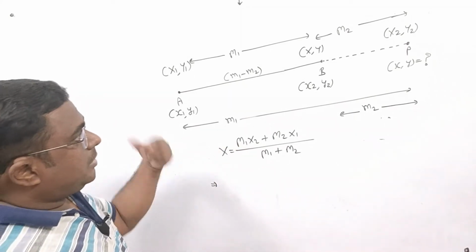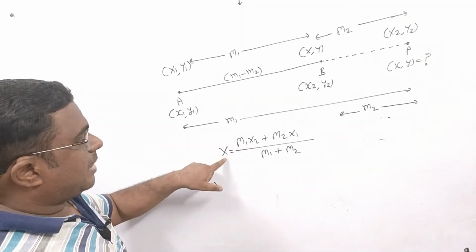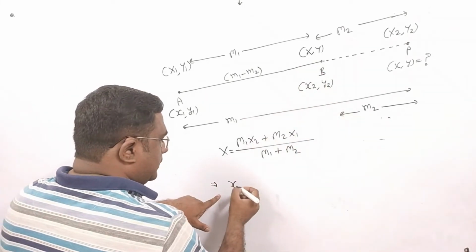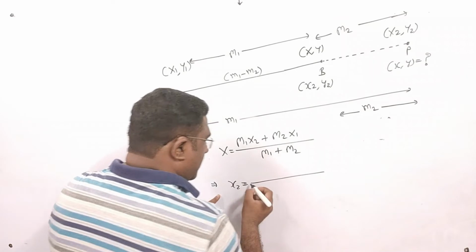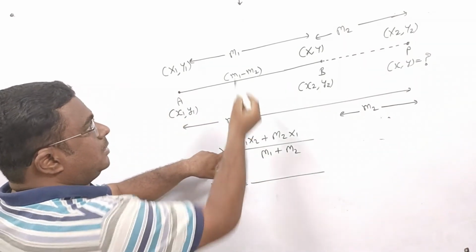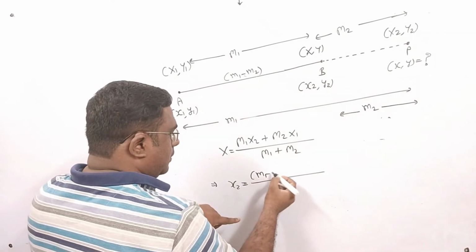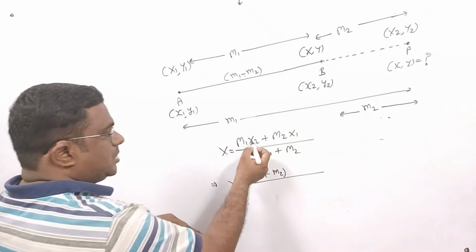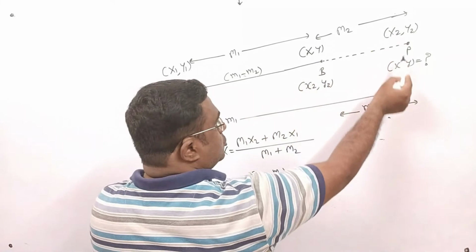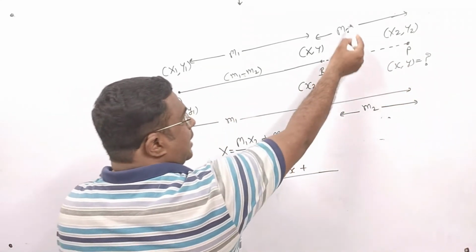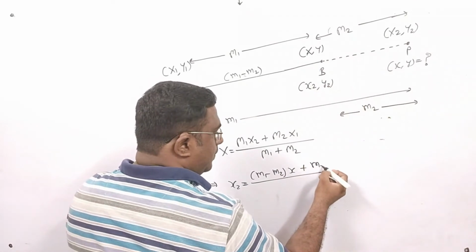Now you see the figure and tell me what is the actual value of capital X. The actual value of capital X is small x2. The value of capital M1 is m1 minus m2. Capital X2 is small x. Capital M2 is small m2.